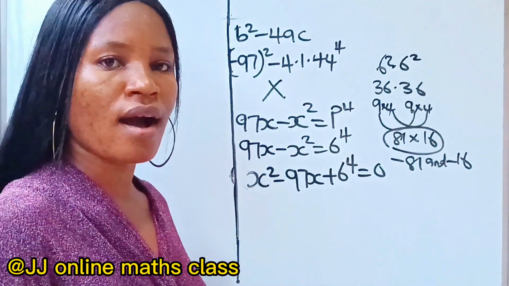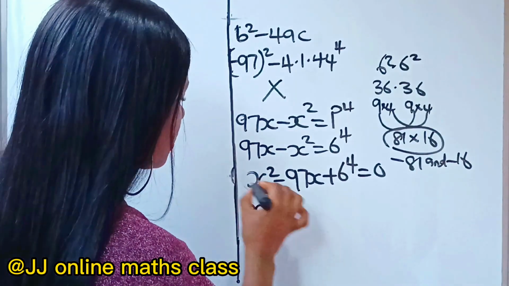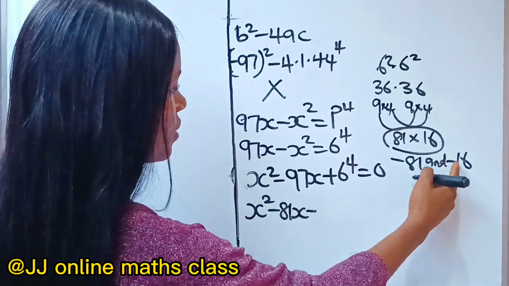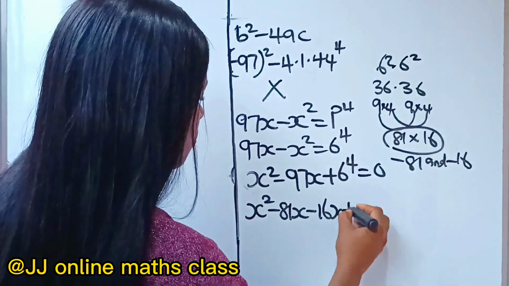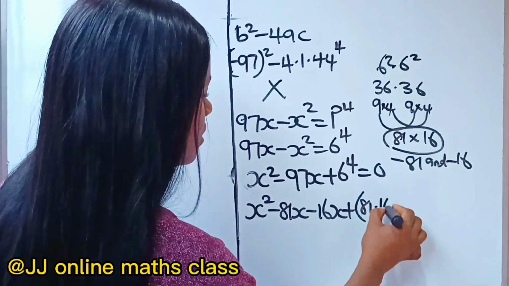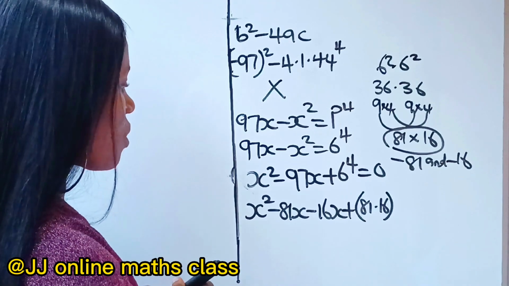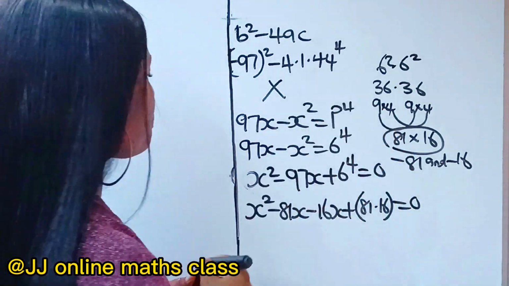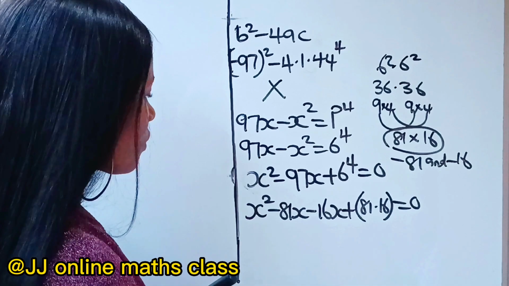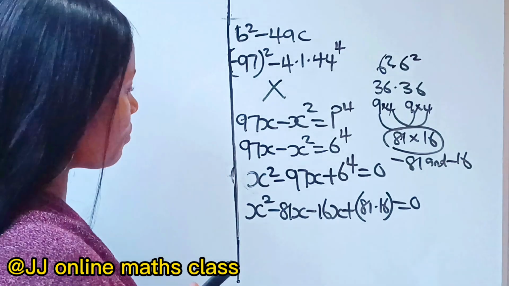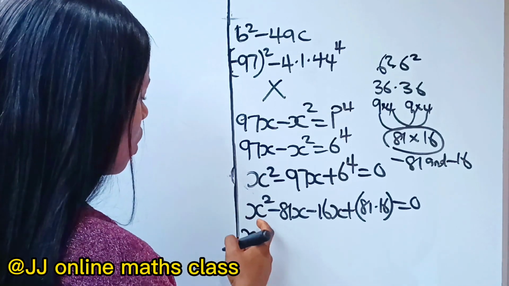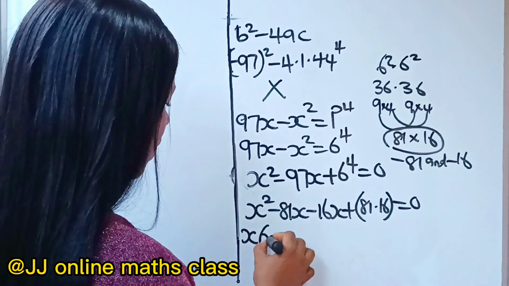Okay, now let's put that into this equation. That means we are going to have x squared minus 81x minus 16x plus, this can be written as 81 times 16, is equal to 0. All right, what do we do next? Let us factorize this side. So we have x brackets. When x squared is divided by x, you have x.